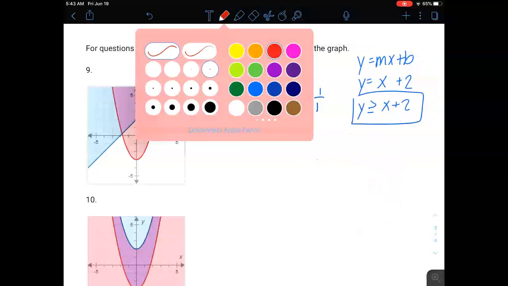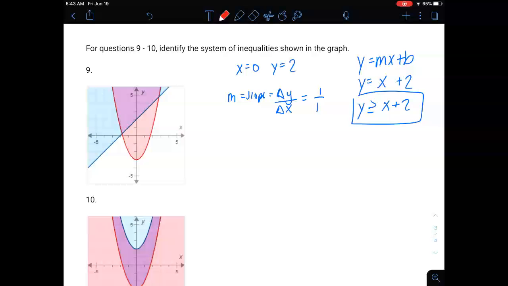Okay, now if we solve for our red line here, we are looking at a parabola. Our parabola has a point x equals 0, y equals -3.